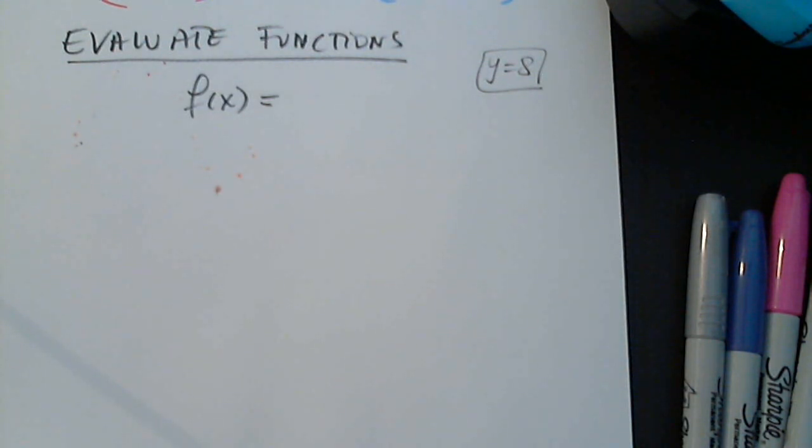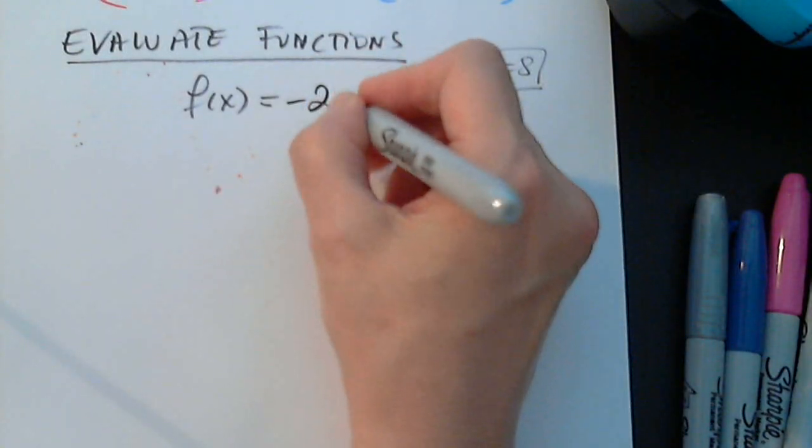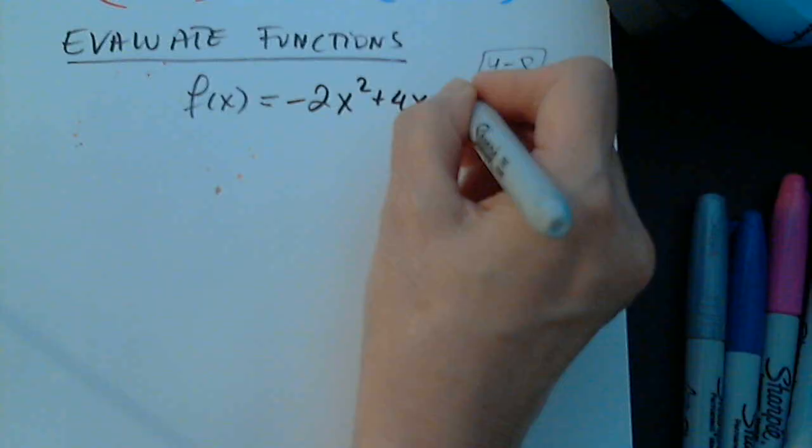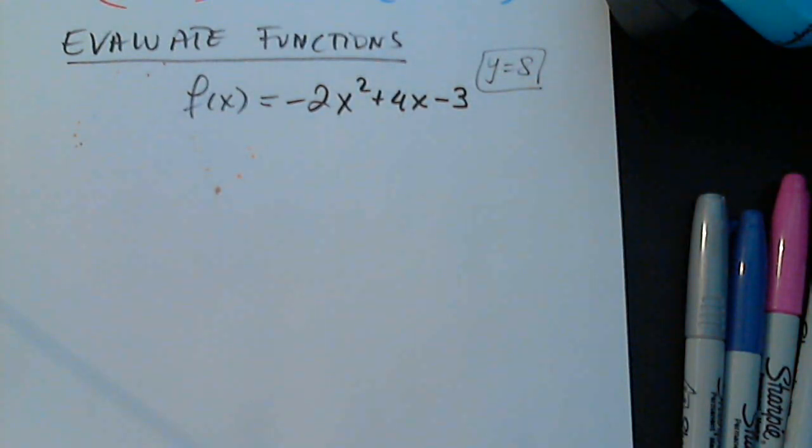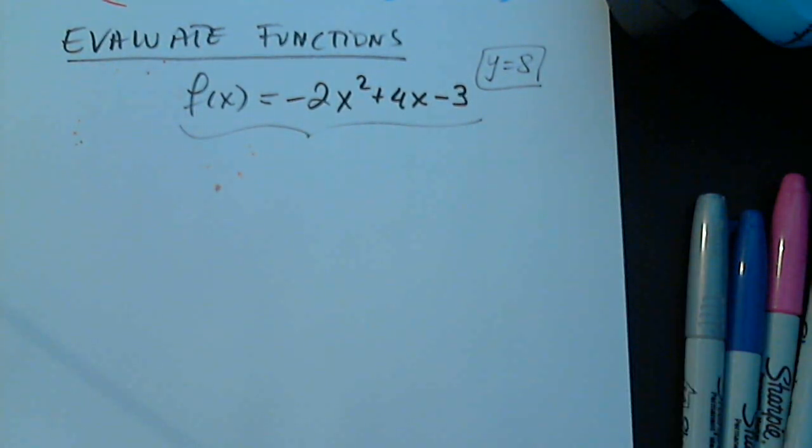I'll make one up: -2x squared plus 4x minus 3. Just for the sake of the argument, can anyone identify this function for us? What type is it?